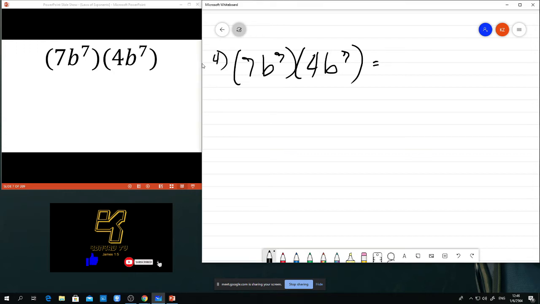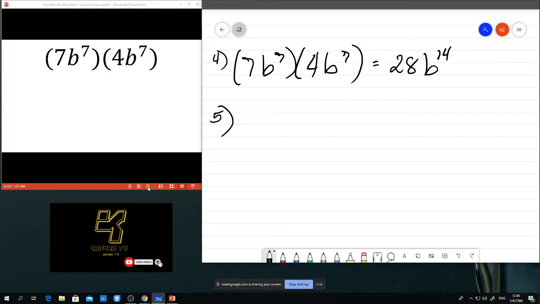So simply multiply 7 and 4, which is 28. 7 times 4 is 28. And then for b, we add the exponents, right? 7 plus 7 is 14. Next.